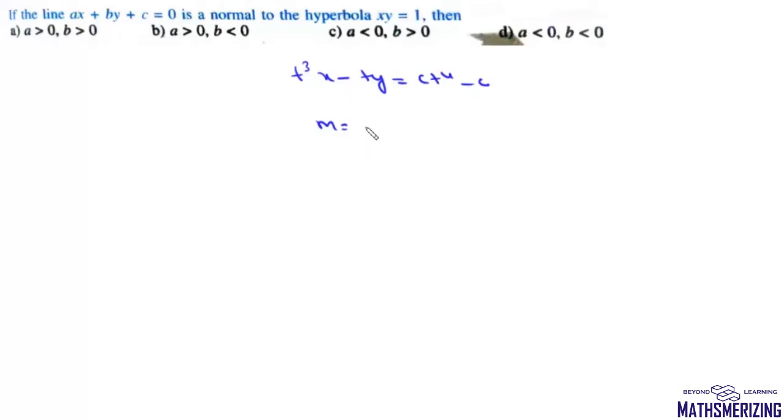Slope of this line is t square, which is always greater than 0. Now slope of this line is minus a upon b is greater than 0. So it means that a upon b is less than 0. So one of them should be positive and the other one should be negative. So it will be either a greater than 0, b less than 0, or a less than 0 and b greater than 0. So the correct options are B and C.